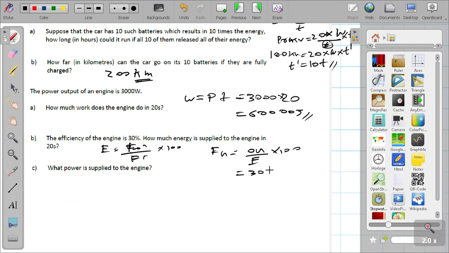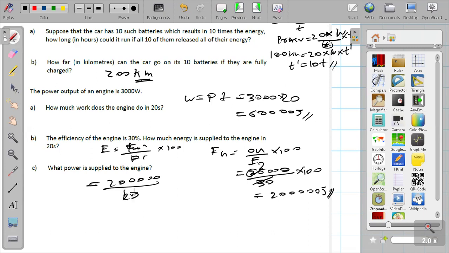E out is 60,000 and efficiency is 30%. So 60,000 by 30 times 100 is 200,000 joule, the amount of energy supplied. What is the power supplied to the engine? It is 200,000 divided by 20, which is 10,000 watt.